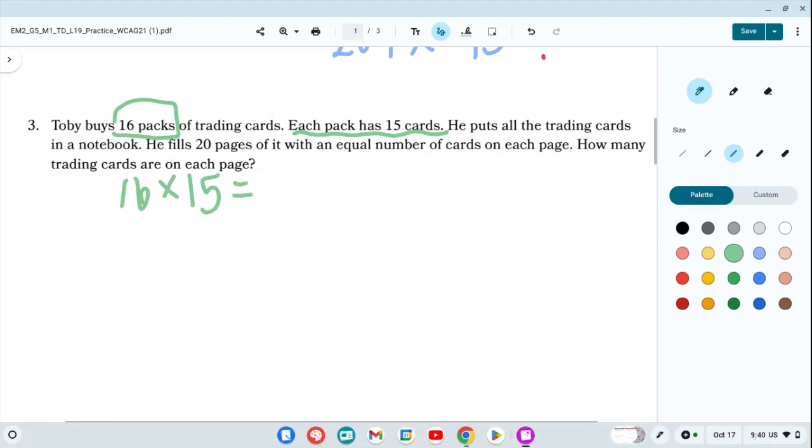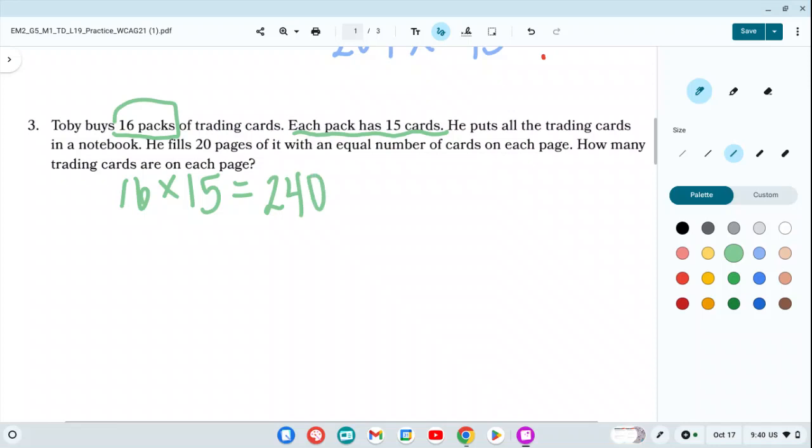Go ahead and take a minute, pause the video, and can you please multiply 16 packs times 15 cards? Go ahead and pause the video now. All right, welcome back. Hopefully, you were able to figure out that we have 240 cards.